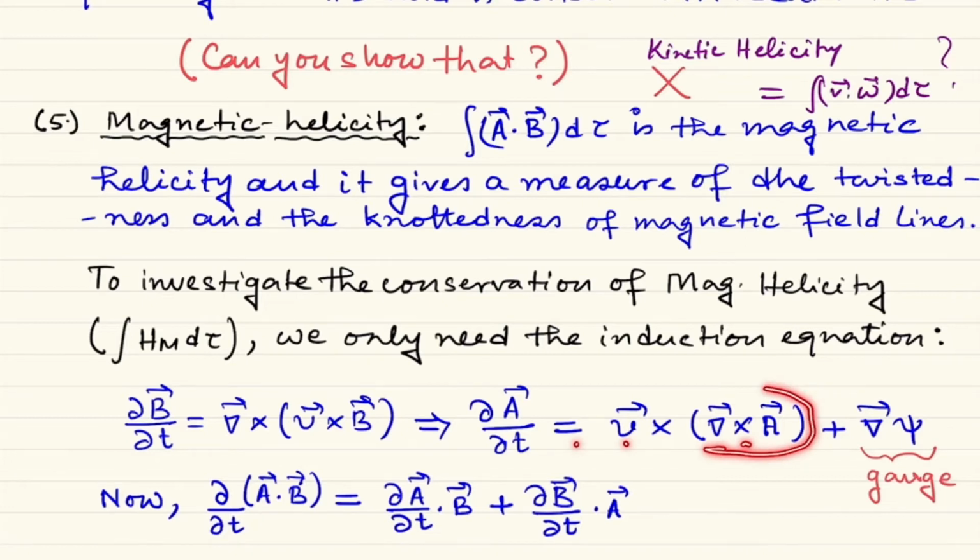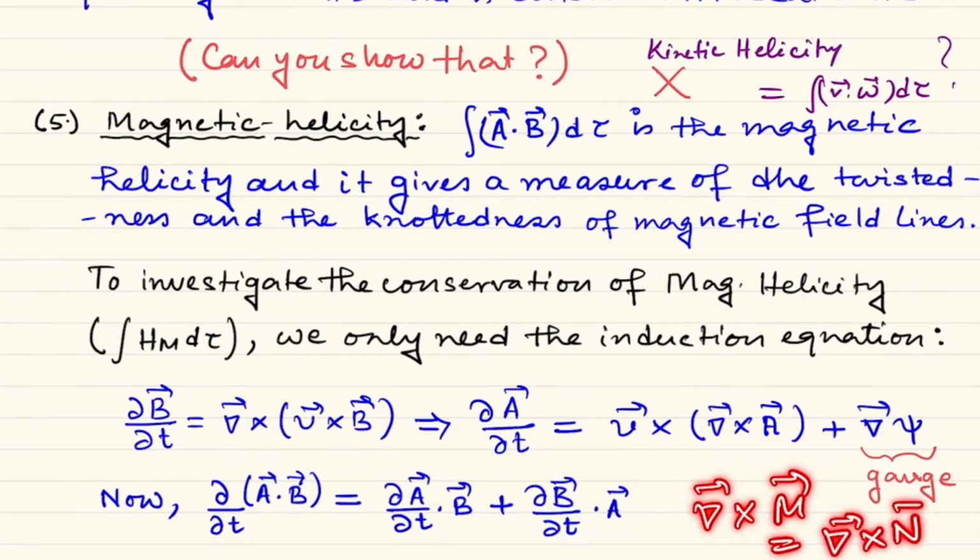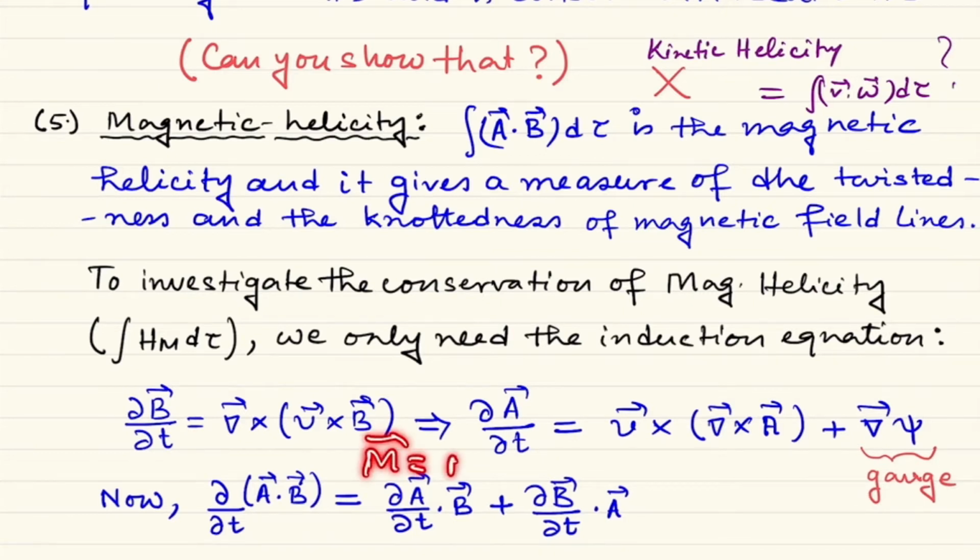Again, V cross B, you can write as V cross curl of A, plus, because they are the curl of something, curl of M equal to curl of N simply says that M is equal to N plus some gradient, because if you take the curl of both sides, the gradient will vanish identically under a curl.